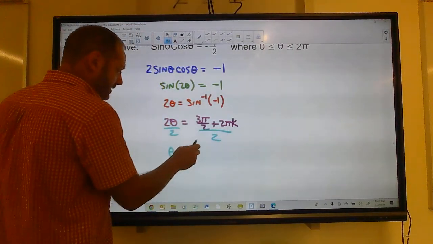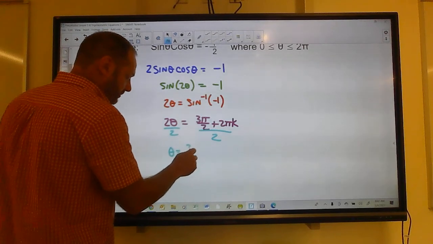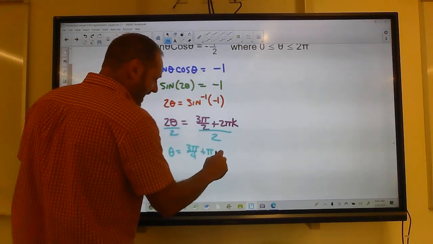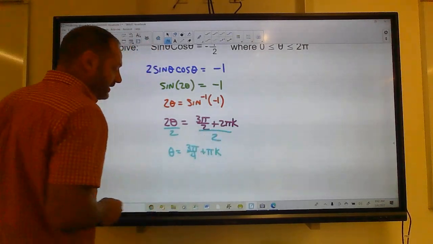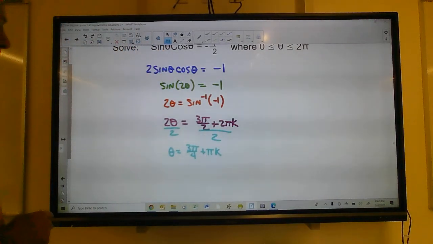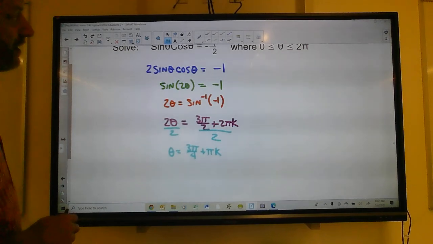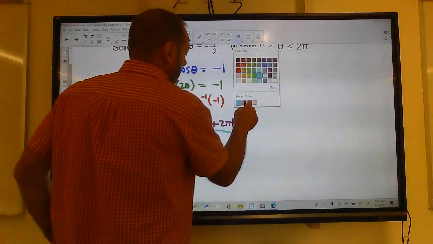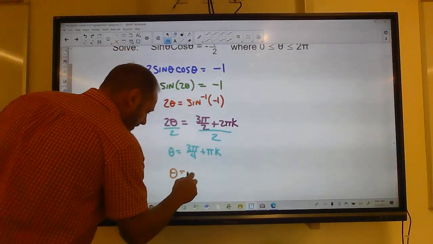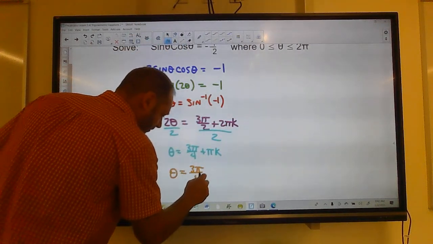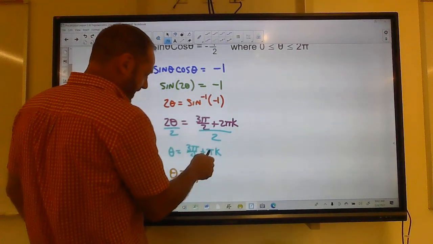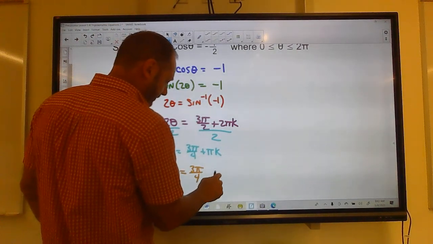So theta is going to be 3 pi over 2 divided by 2, which is 3 pi over 4, plus pi k, because the 2's cancel here. So if I want all the answers between 0 and 2 pi, I'm going to have 3 pi over 4, and then I'm going to add 4 pi over 4, which is just pi, so that would be 7 pi over 4.